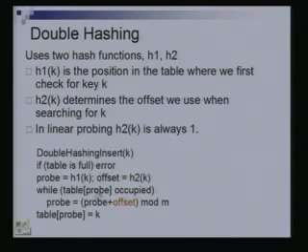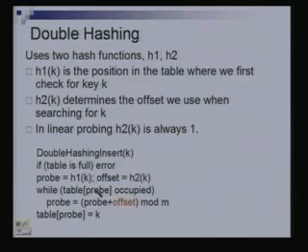Okay, so let's look at this piece of code. Probe is set to h1 of k, so that's the first position I look at, and offset is set to h2 of k. First, I'll just look at the location specified by probe in the table. If it is occupied, then probe is set to probe plus offset, which means this is the next location I look at.